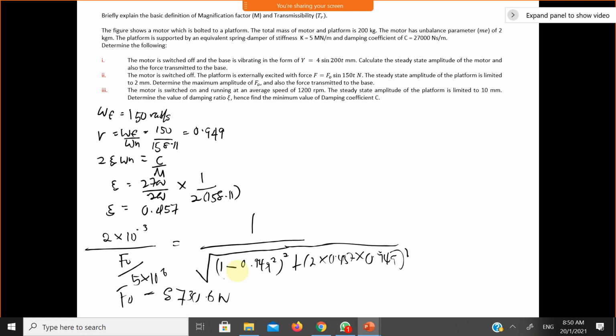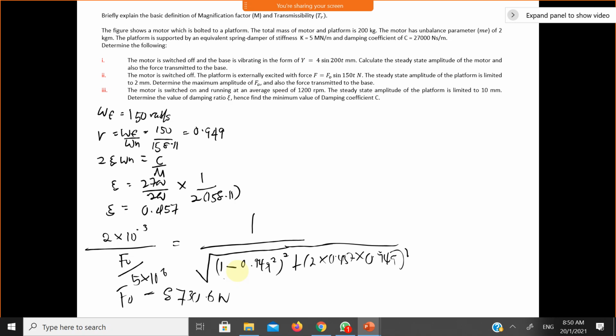Okay, then once kita dah dapat this value of X, then kita boleh dapatkan nilai Ft lah pula, F transmitted.